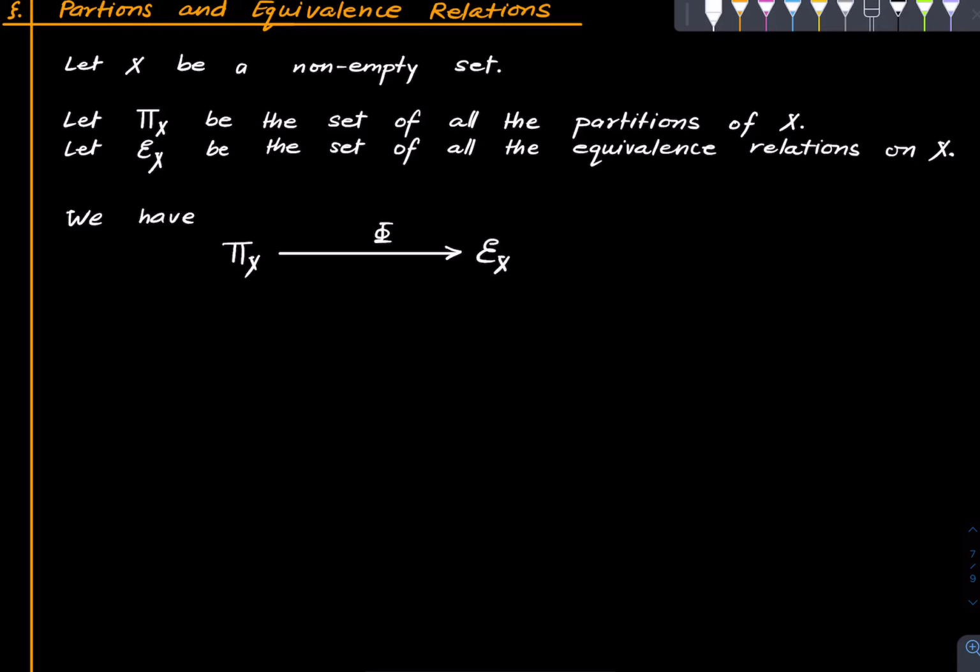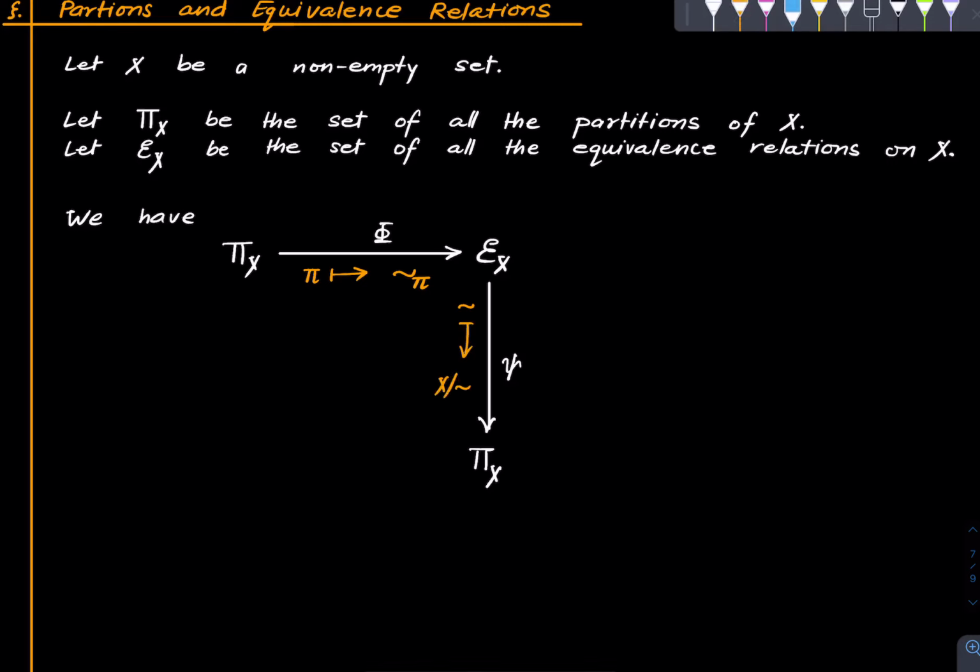It takes a partition and produces an equivalence relation that we saw, which we denoted by tilde pi. And then we have this other map, which takes an equivalence relation and gives us a partition. It takes an equivalence relation tilde and outputs all the equivalence classes.